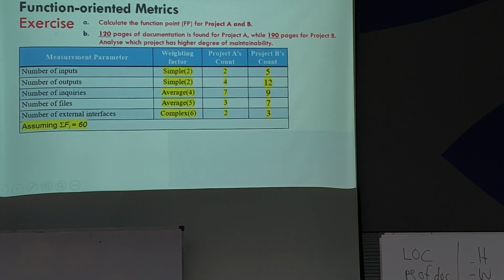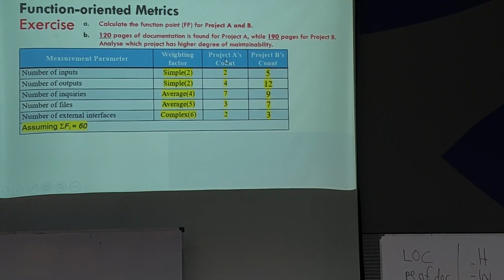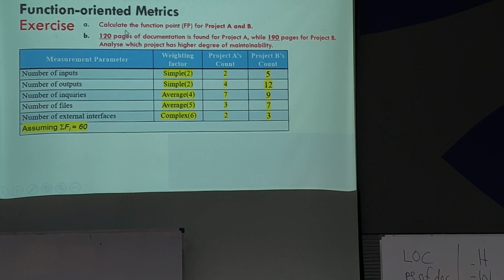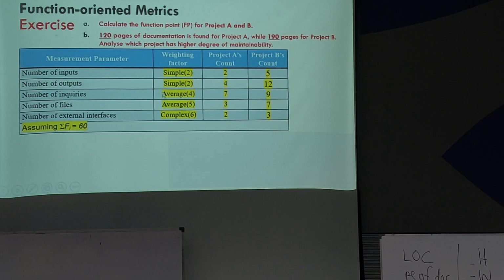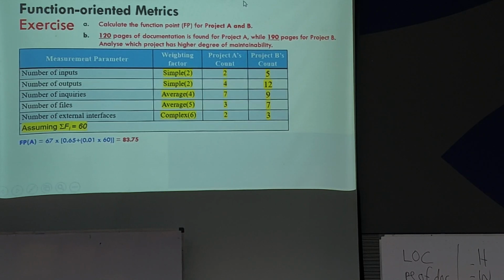Okay, another exercise. You are given two projects. Calculate the function point for project A and project B. Given this, and you are asked to assume summation Fi is 60, you should be able to determine the function points.